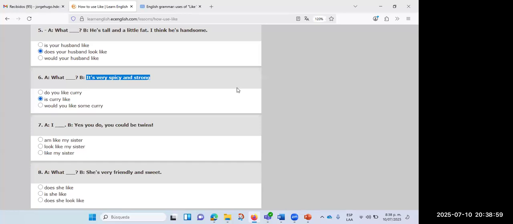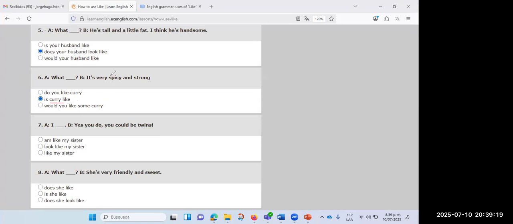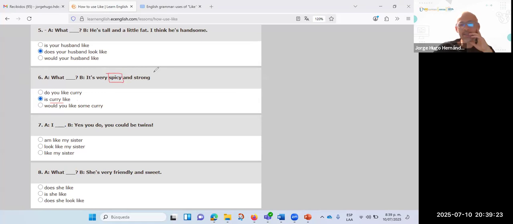No, teacher. No? Flor Marina, you know what curry is? No? Okay, curry, this word curry, is a food. It's a food. And this type of food is spicy. You know what is spicy?